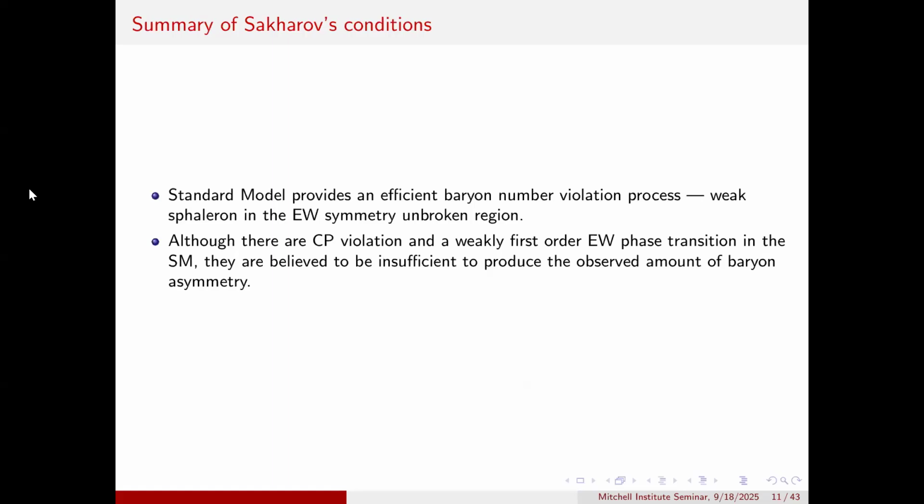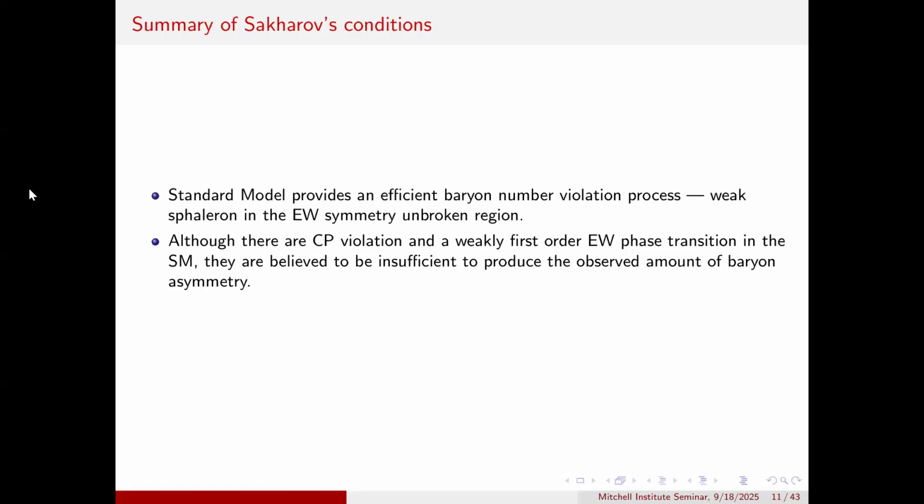Okay, so a summary of Sakharov's conditions in electroweak baryogenesis: the standard model provides us an efficient baryon number violation process, which is the sphaleron in the electroweak symmetry unbroken phase. So that is good. A lot of baryogenesis relies on weak sphalerons.